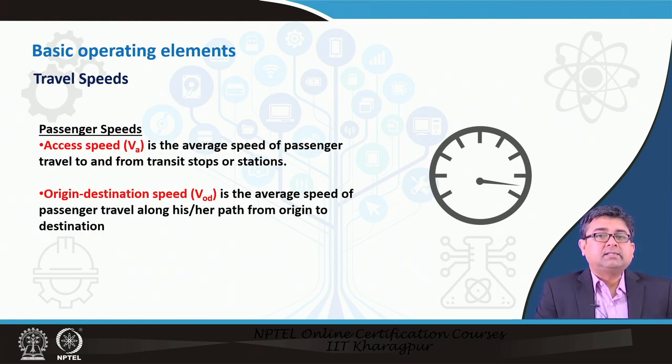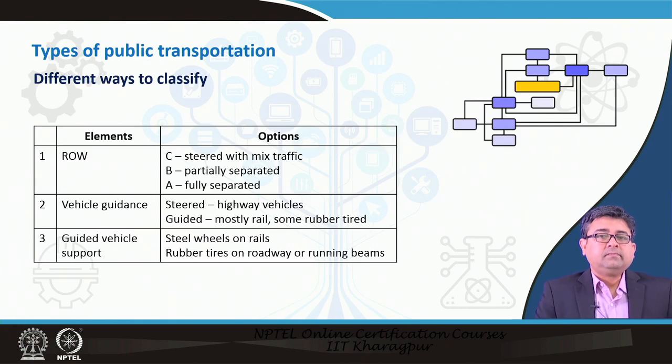So, if you add access speed on both ends of the trip, that will give you the origin destination speed, the average speed of passenger travel along his or her path from origin to destination. So, those were all the different types of speeds and travel times that we were able to show you, and that is something that you have to remember as we move forward and try to solve some problems.